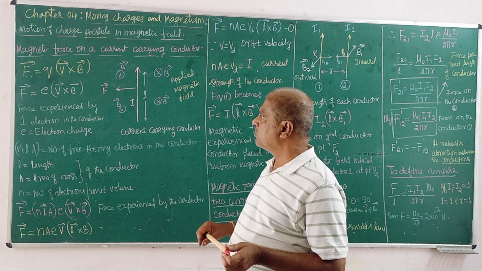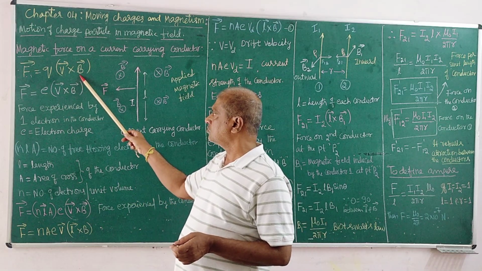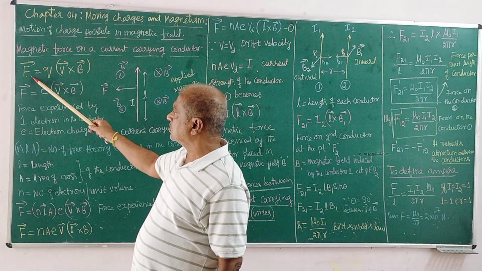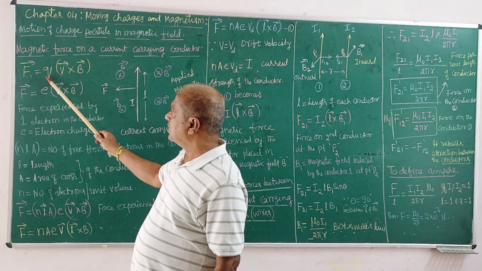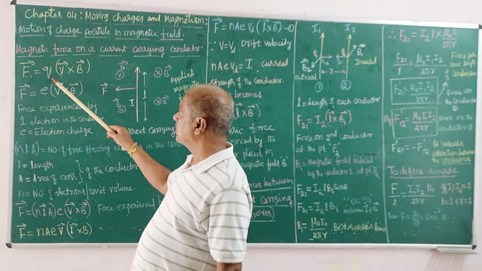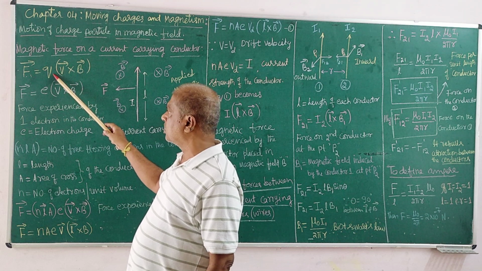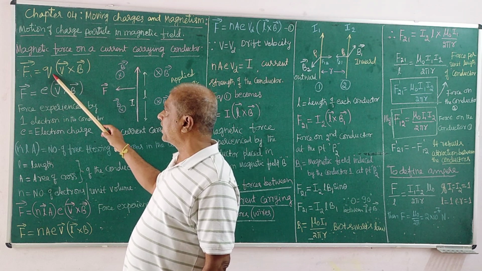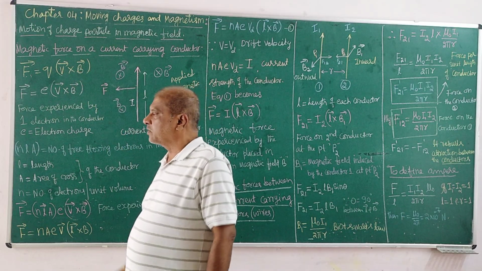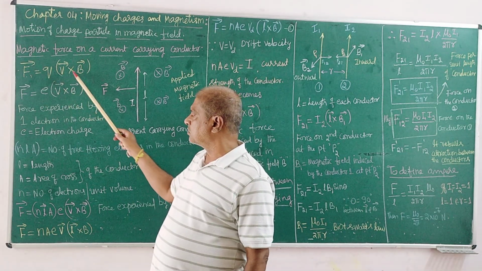From the point of view of the Lorentz equation, the magnetic force acted upon a moving charged particle is given by this equation, where q is the charge in coulombs the moving particle carries, with its velocity vector and the applied magnetic field. If the particle carries q charge, this is the equation.